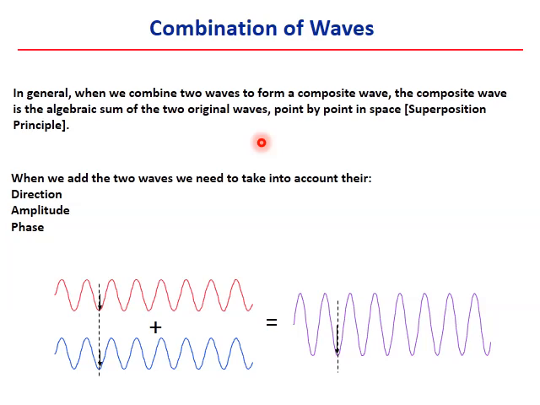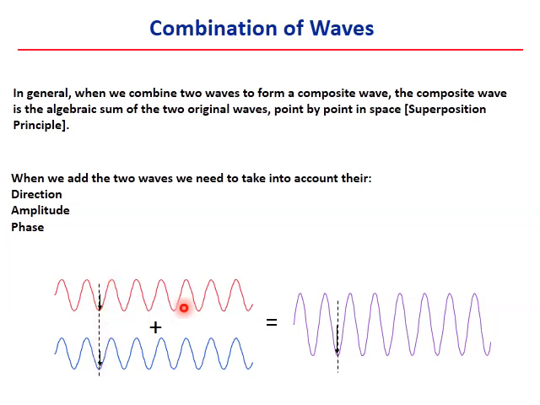When we consider such superposition of waves, we need to take into account their direction, whether they are moving in the same or opposite direction, whether their amplitude is the same or different, and also their phase. For example, in this case these two are almost in phase.